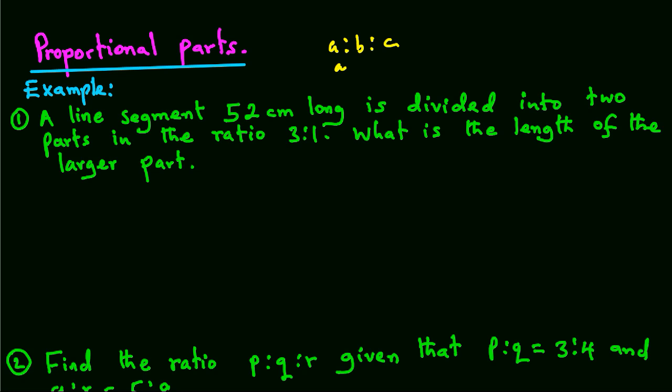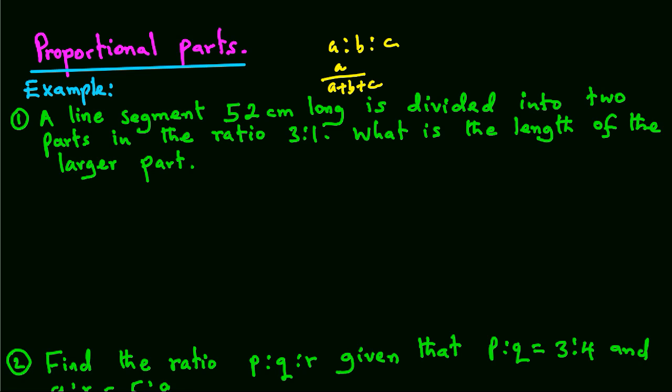For instance, ratio A over A plus B plus C. Similarly, we do that to B, and its proportional part will be B over A plus B plus C. And to get the portion represented by ratio C, that would be equal to C over A plus B plus C.